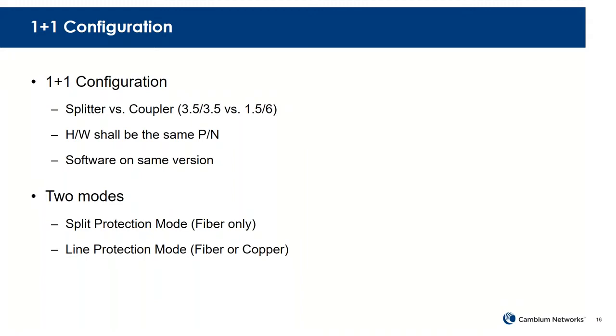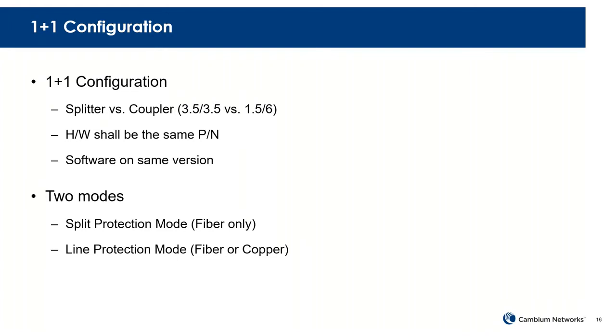And when you do 1+1, the hardware should have the same part number. For example, if you're setting up an A20S 1+1 hot standby, you need to use the same part number.